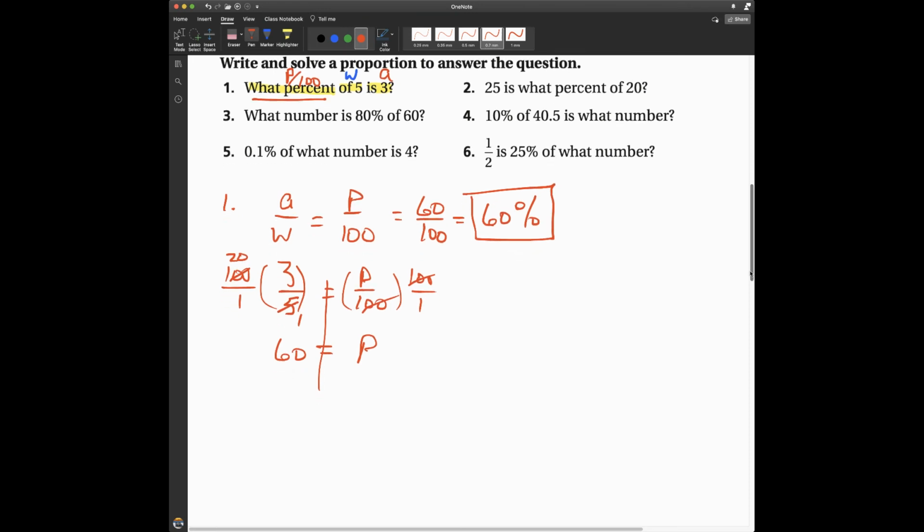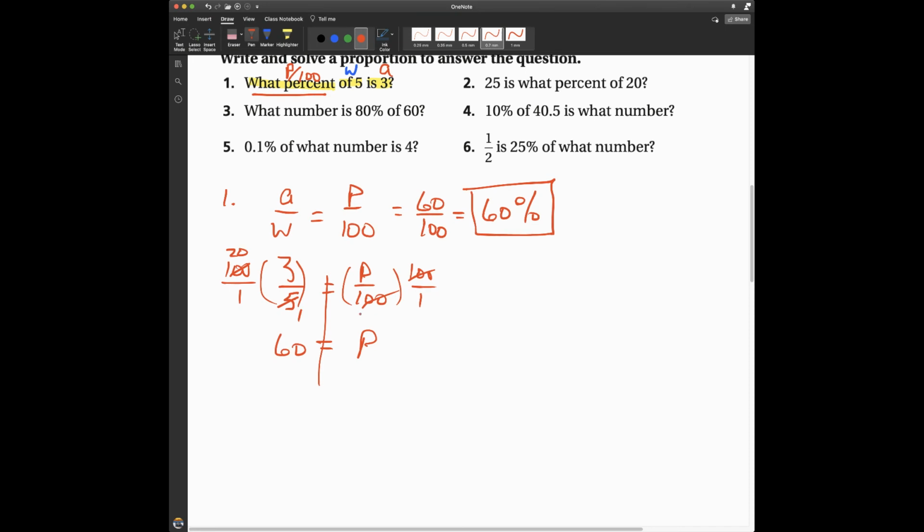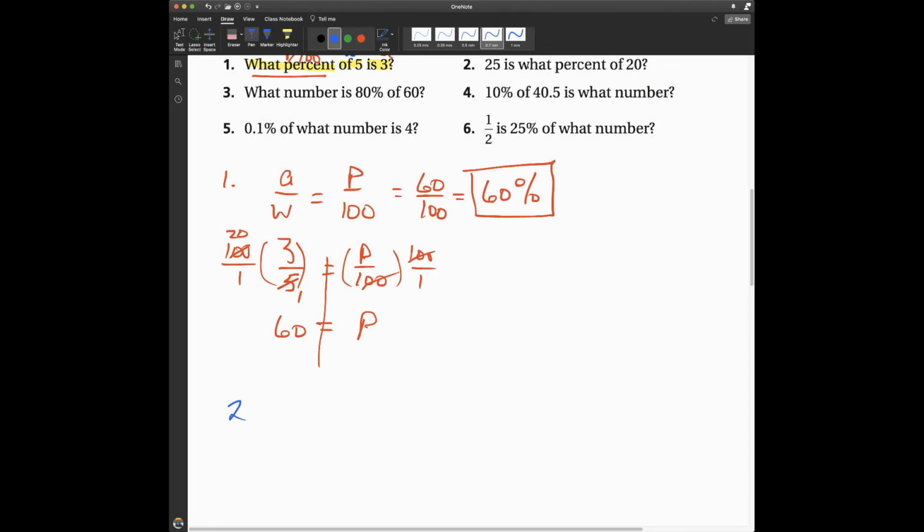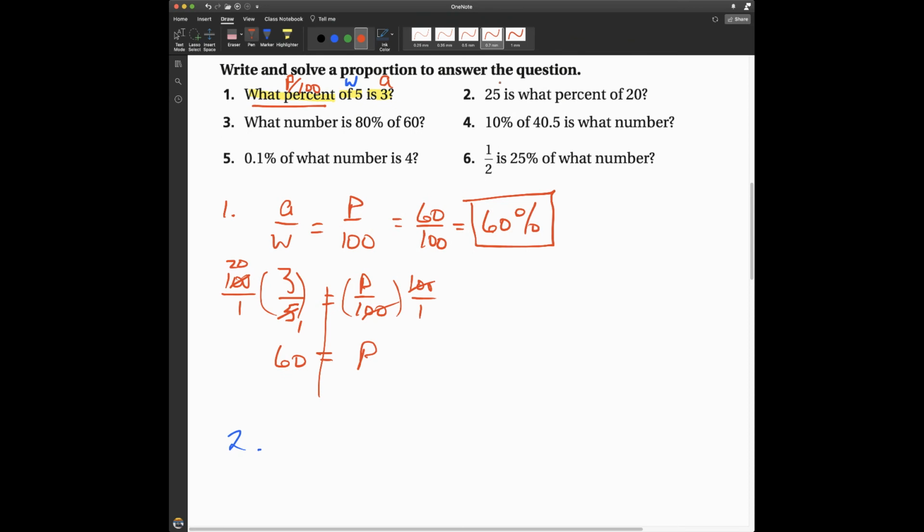Let's look at number 2. Let me get a different color. Number 2 says, 25 is what percent of 20? So this is going to be my part because it's by the word is.